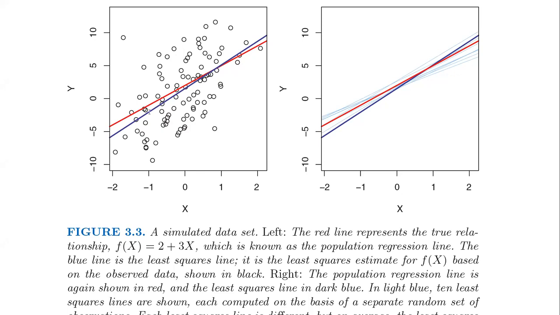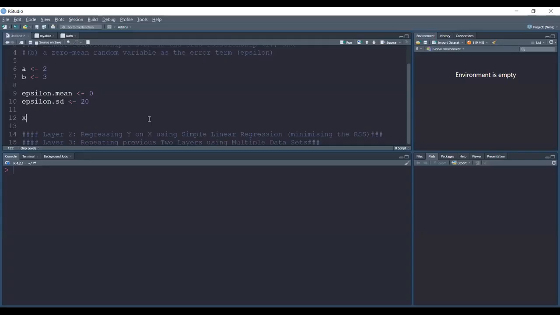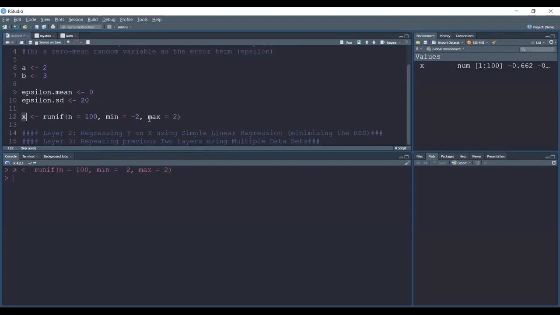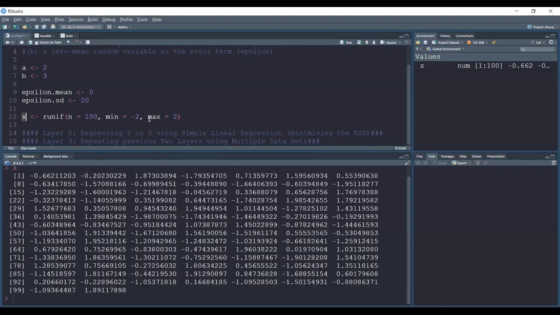So what we could do is, to generate the x's, we could say, let's take a uniform distribution, generate 100 between -2 and 2. And you can see it over here. These are our x, the x component of our observations.